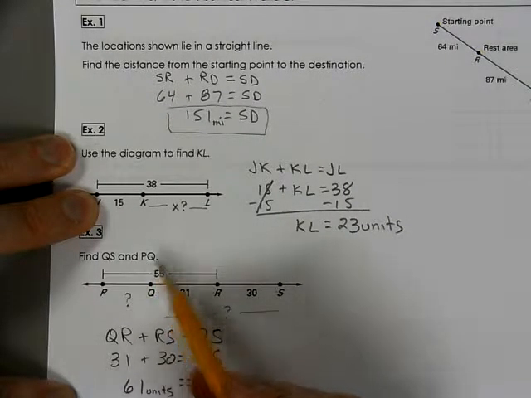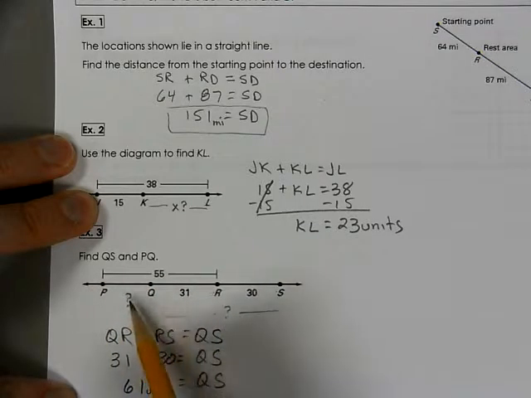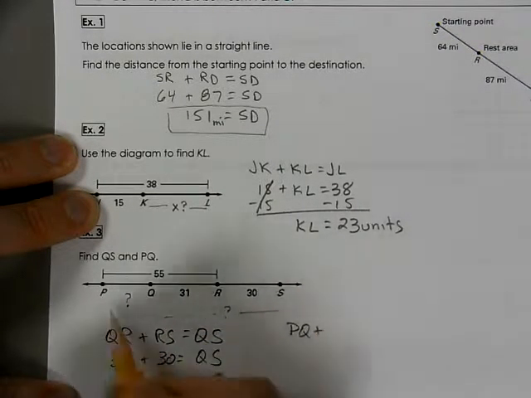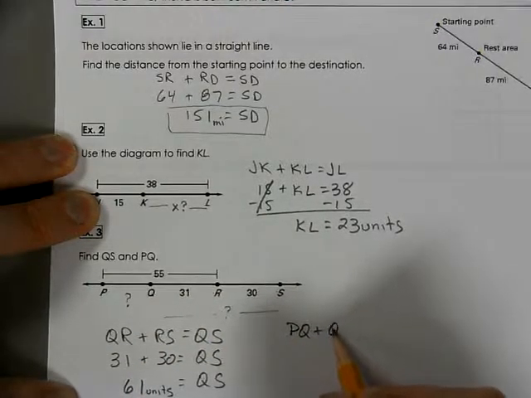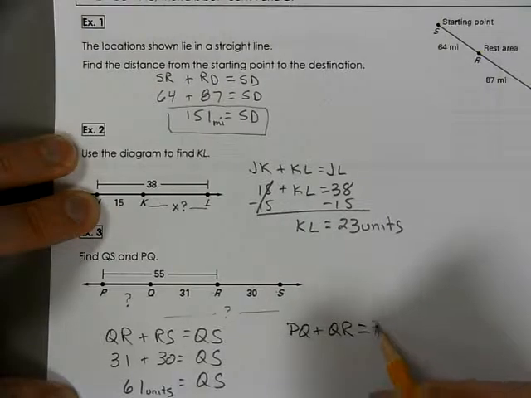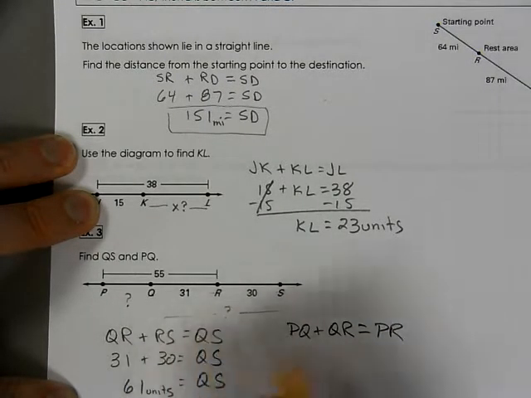For the next one, PQ, when we look here at PQ, we notice that PQ is part of PR. So if we think about PQ and QR, that makes up something we know called PR.